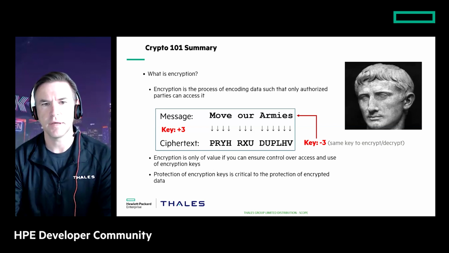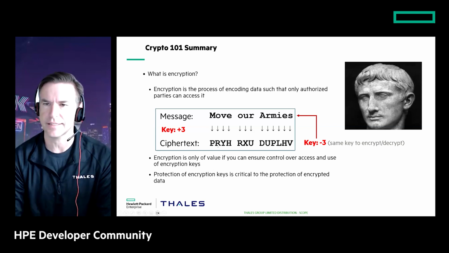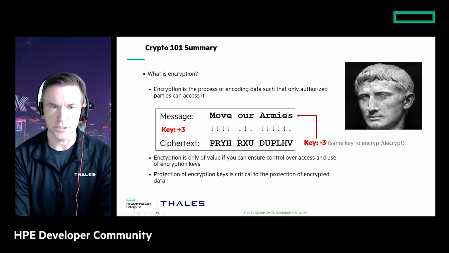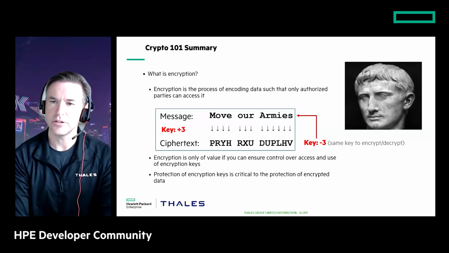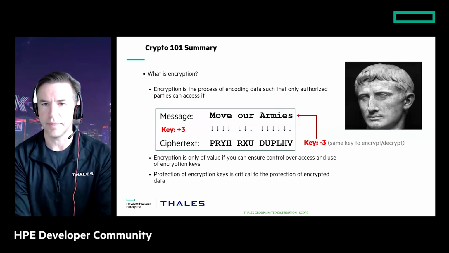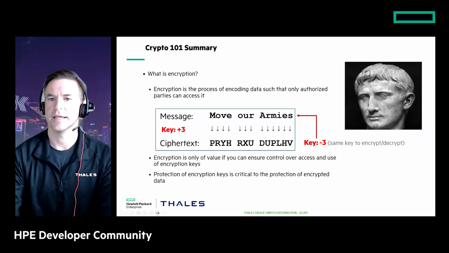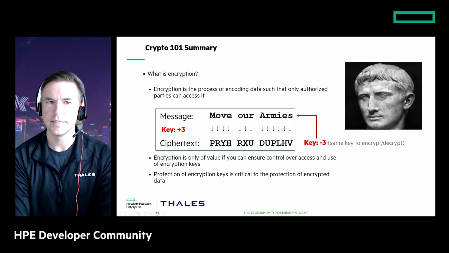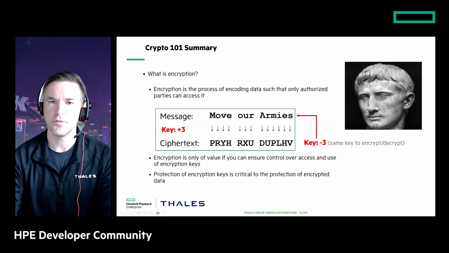By moving those characters by 3 characters, you create a ciphertext that is an encrypted message. And hopefully your enemies don't understand that message. They can't read that message. So to decrypt the message, you simply subtract each of the character positions by 3, and then you move back to the clear message, "move our armies."